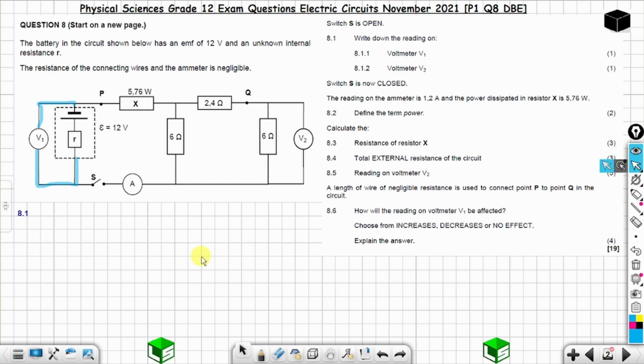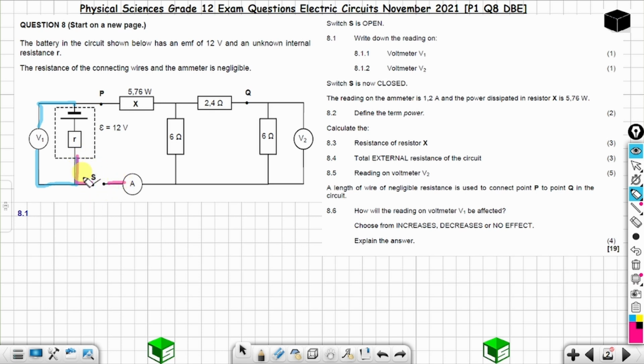So no current is flowing in the circuit when switch S is open. Switch S is the main switch. You can see the current coming from the battery will not flow when switch S is open.